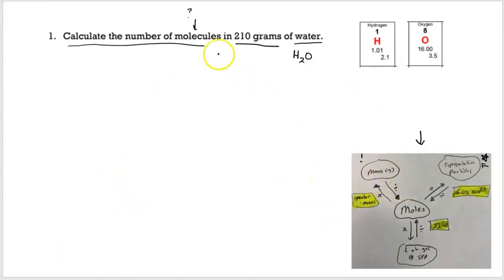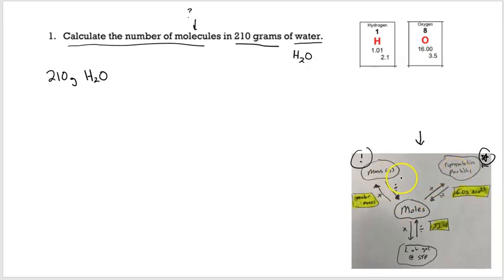Okay, so right now we know that we have 210 grams of water. I'm just going to go ahead and write that: 210 grams of H2O. In order to go from mass to representative particles, I'm going to have to calculate the number of moles first. Notice these arrows take me from mass to moles, and then I can go from moles to representative particles.